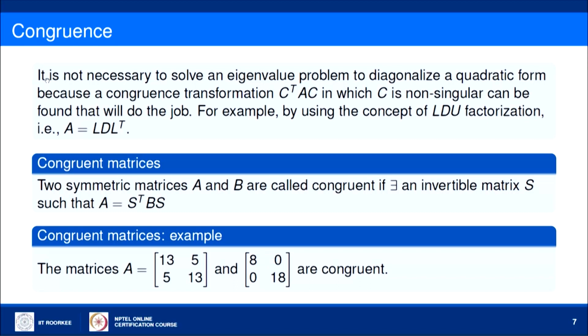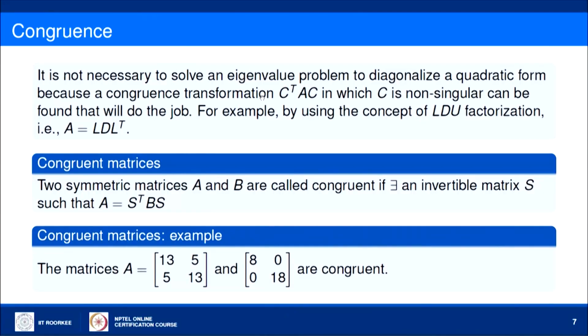Now, let us see another application of quadratic forms. It is not necessary to solve an eigenvalue problem to diagonalize a quadratic form, because when you perform the diagonalization of the associated quadratic form and the corresponding matrix, you need to calculate eigenvalues and then eigenvectors, so it will take a lot of computation.